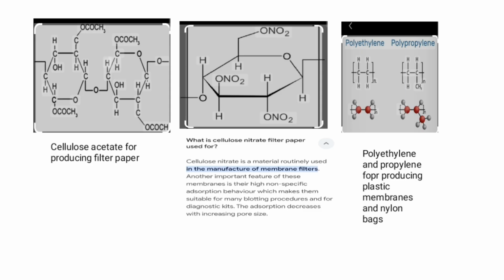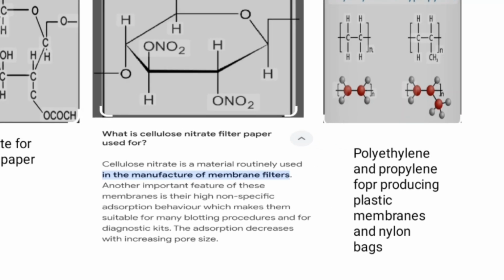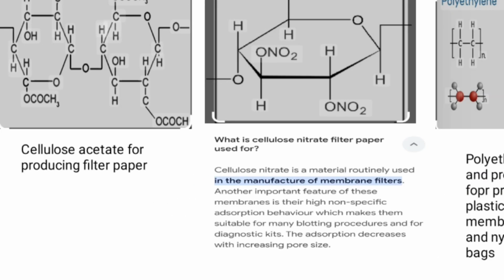Then looking at these ones, they are what is called polymers of membrane, artificial membrane. So artificial membranes are formed from polymers. Polymers are a kind of substances that are formed due to the continuous addition of monomeric units.